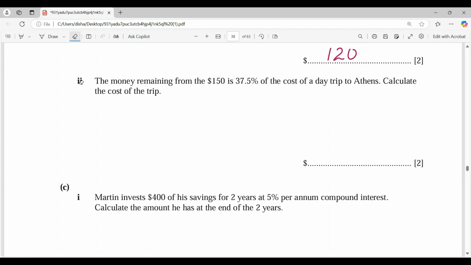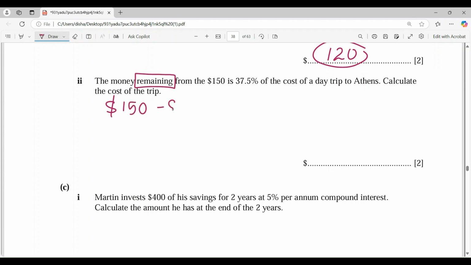The next part: the money remaining from $150 is 37.5% of the cost of a day trip to Athens. Calculate the cost of the trip. Now we know in the previous part the amount used is 120, so the remaining amount would be $150 minus $120, which is $30. Now this $30 is 37.5% of the cost of a day trip. So 37.5% gives $30.